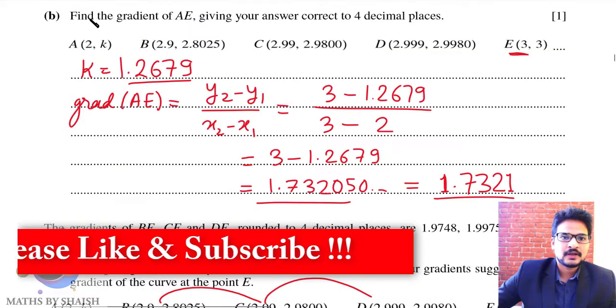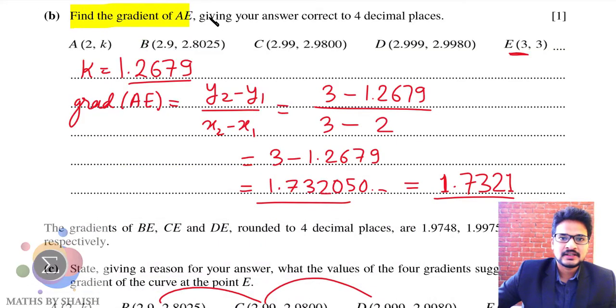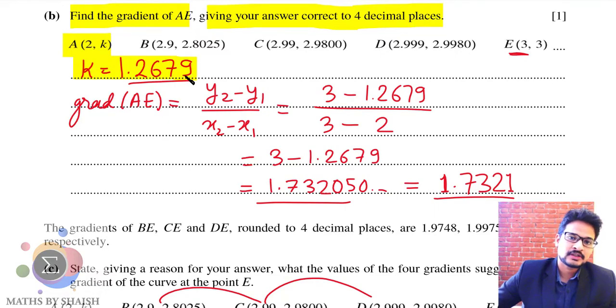And for the B part, find the gradient of AE, giving your answer correct to 4 decimal places. So from the first part we have seen k value is 1.2679, so A coordinates become 2, 1.2679, and since we require the gradient of AE, we'll take the difference, or we can say change in y upon change in x.